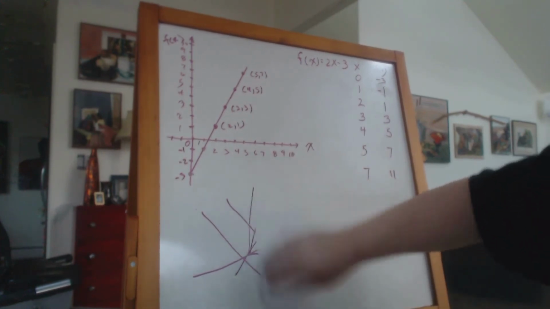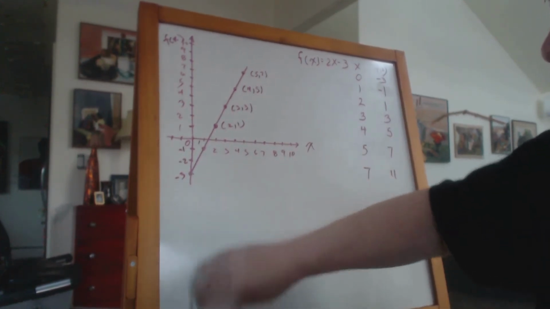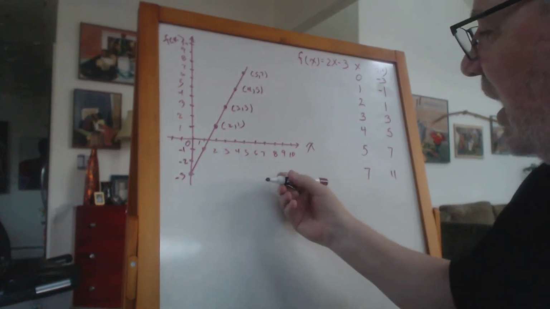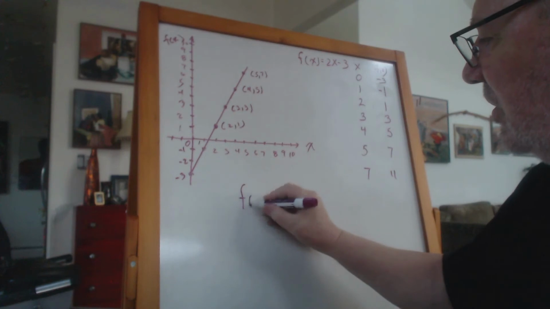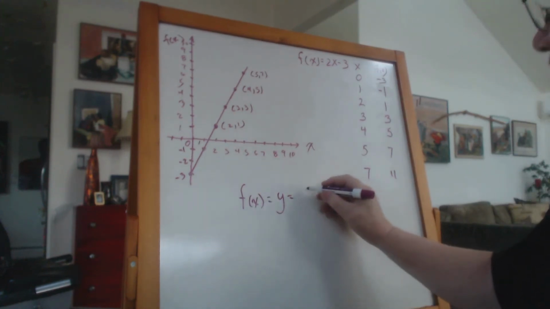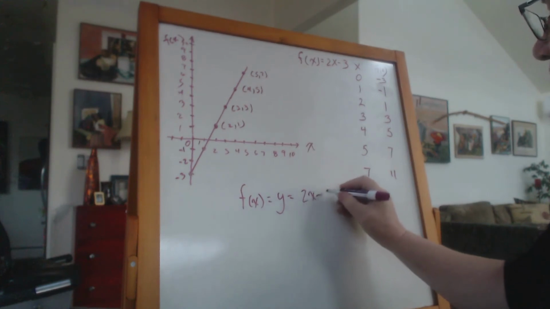Another way we can write f of x is y. Y equals 2x minus 3.